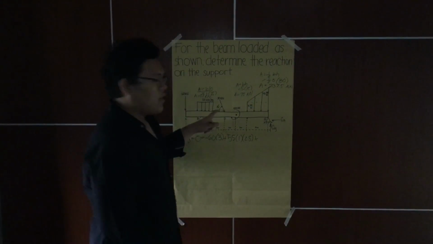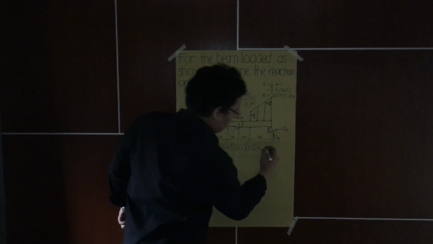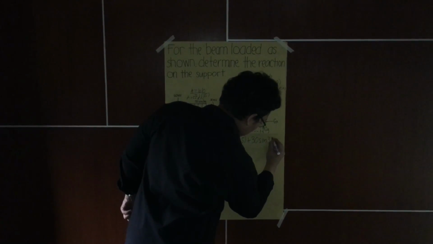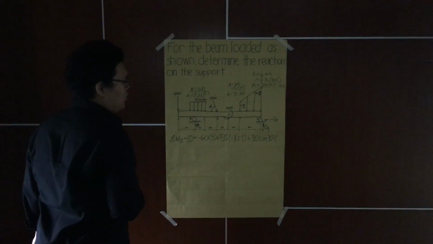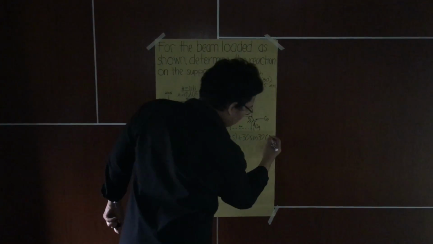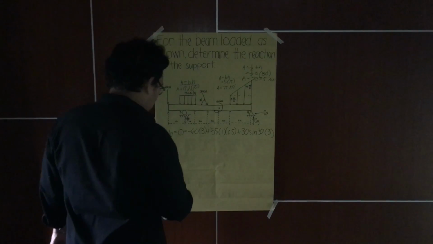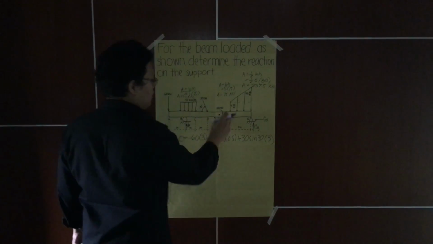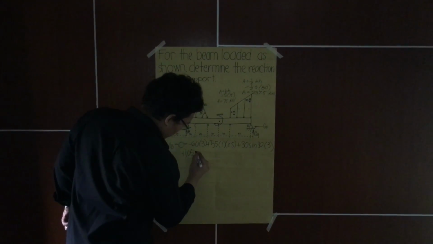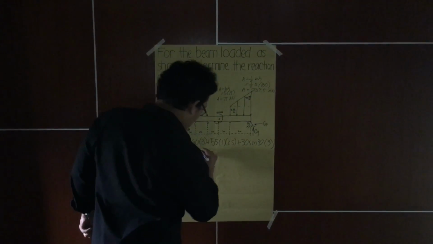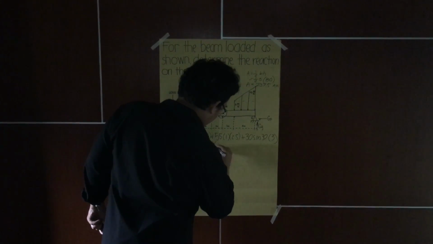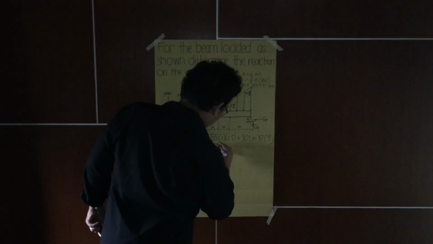plus 30 sine 30 degrees multiplied by the moment arm, which is 2 plus 1 equals 3, plus this 75, plus 15 times 5 times the moment arm, which is 7.5.